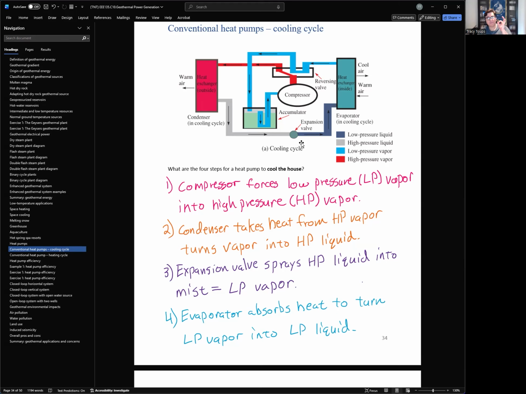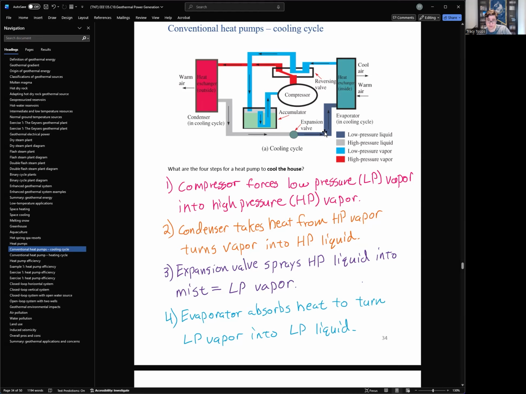Think of a small pipe with a lot of pressure. You have a very small pin that you're only letting a little bit of liquid through, and you're suddenly increasing the volume. If you increase the volume, then the temperature's going to go down drastically. So between these 2 points, you'll get a big drop in temperature.